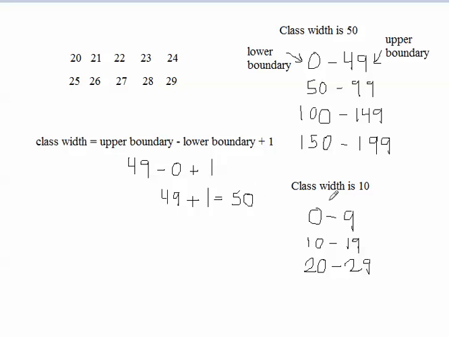Let's do the same thing down here for the class width of 10. Here we have our lower boundary. Here we have the upper boundary. We take the upper boundary of 9, subtract it by the lower boundary of 0, and then add 1 at the end. 9 minus 0 is 9, and then 9 plus 1 is 10.